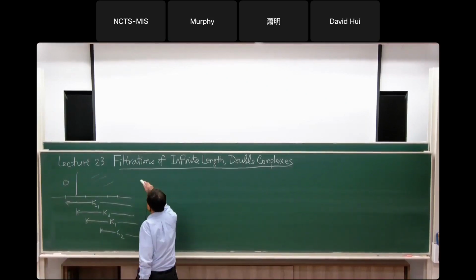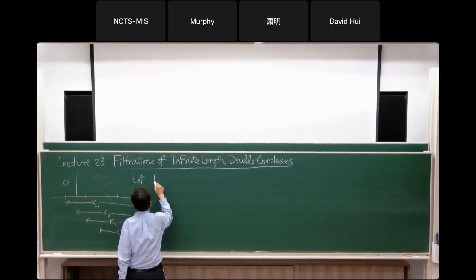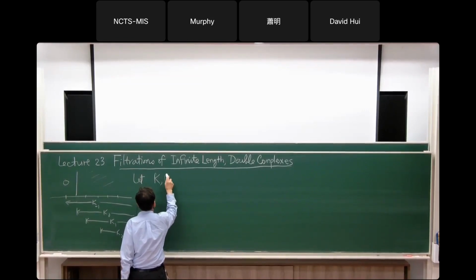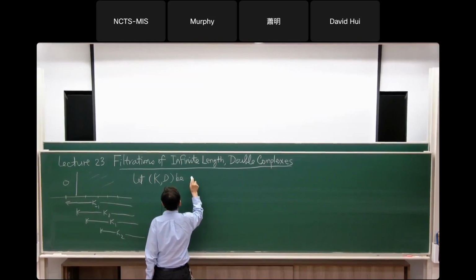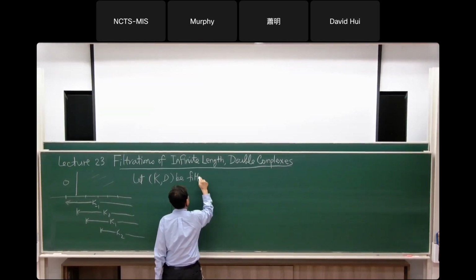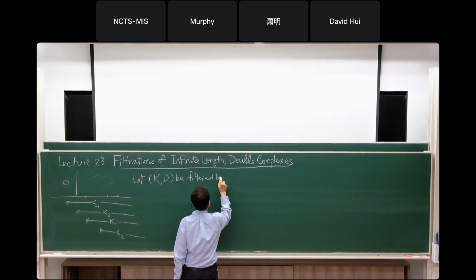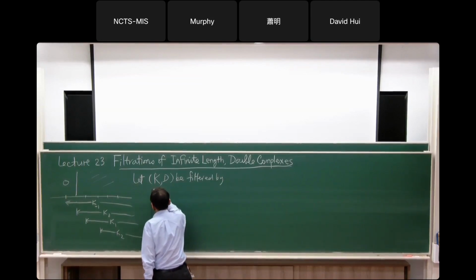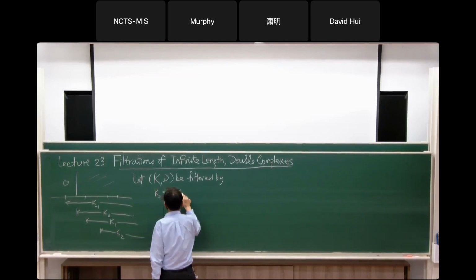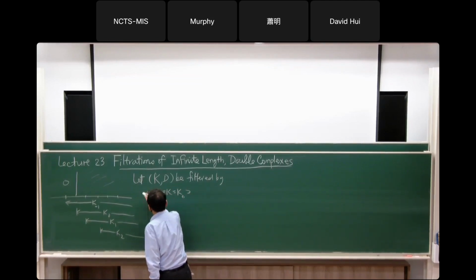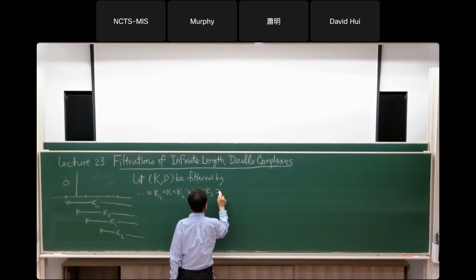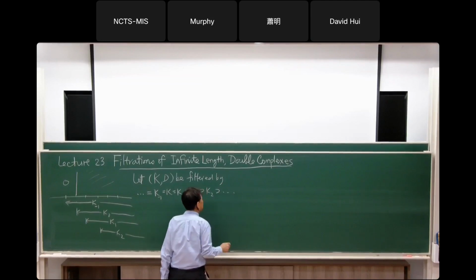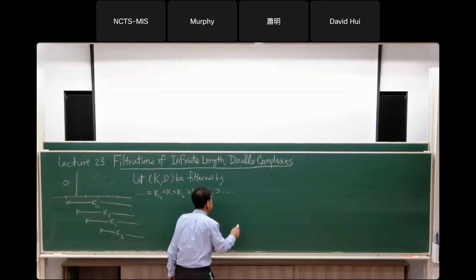So let K be filtered by K minus 1, which is K, which is K0, containing K1, K2, and so on.